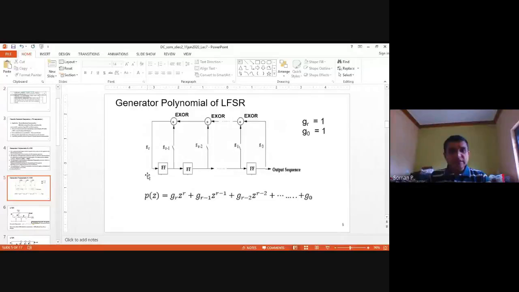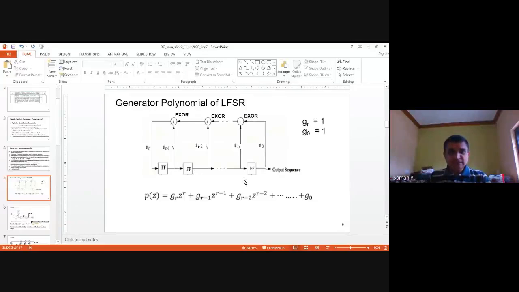And a clock is provided, that is not shown here. At each clock edge, positive edge or negative edge, the flip-flop gets triggered and transfers the data from input to output. So this is basically a shift register that you all know, and you will get an output sequence.